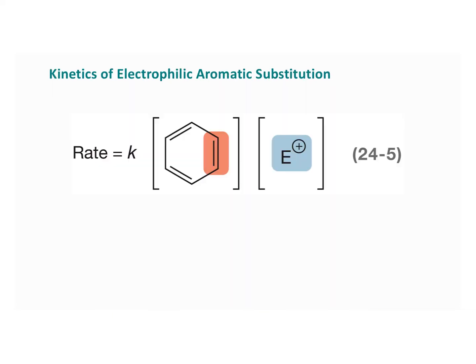Okay, so when we think about this in a general aromatic substitution reaction, it's first order with respect to the concentration of benzene and first order with respect to the concentration of the electrophile.